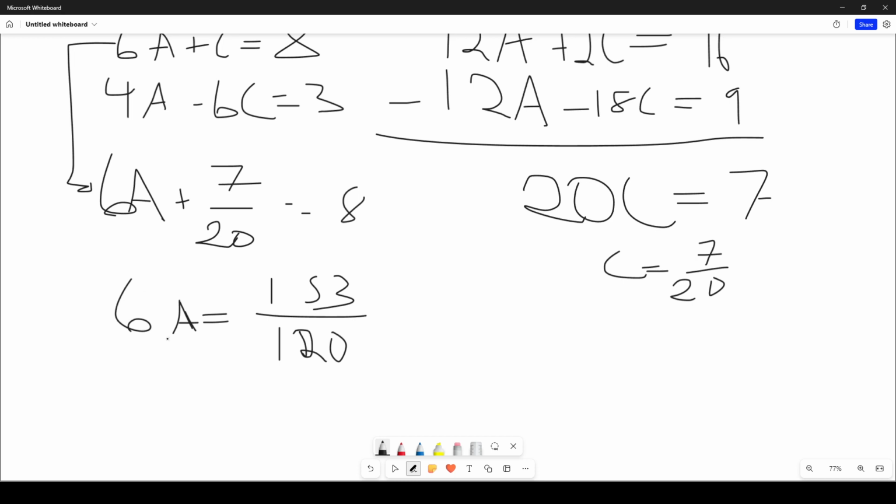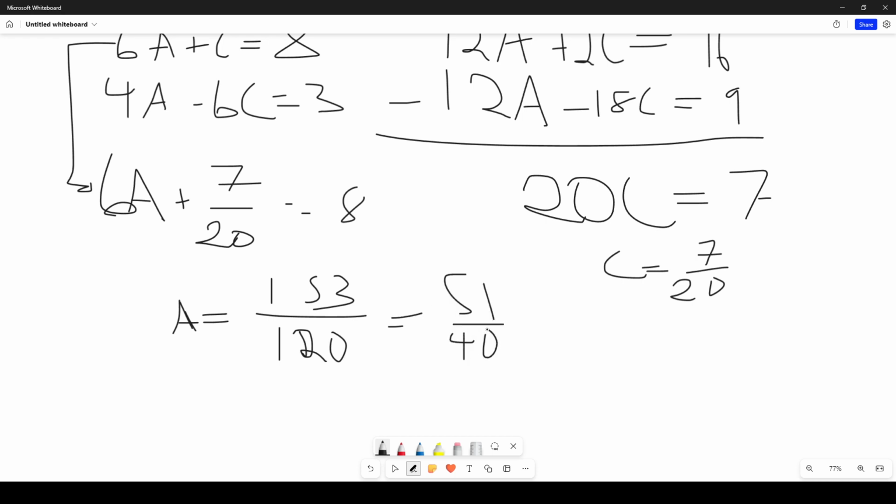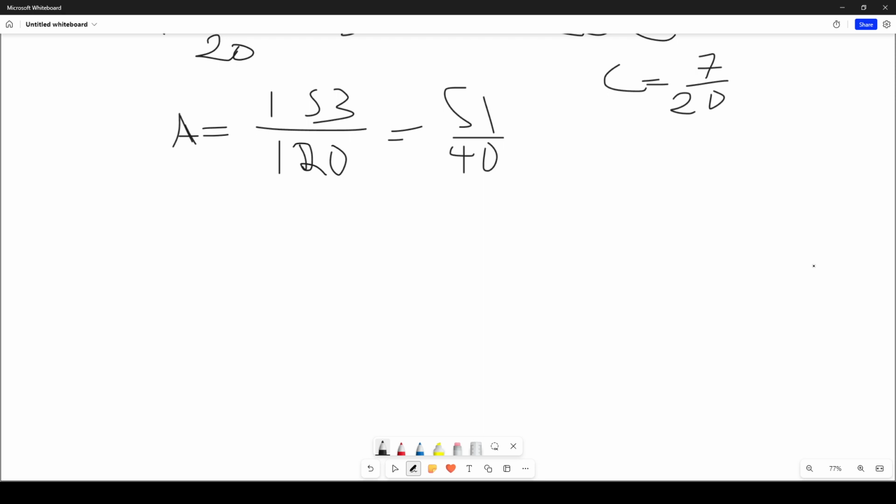Yeah. So this is not a 6 anymore. This should just be a. A equals 153 over 120. I subtracted over 7 over 20, and you get 153 over 20 divided by 6, and you get 153 over 120. You can simplify this to be 51 over 40. So now we know A is 51 over 40.